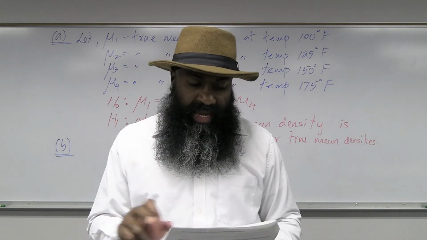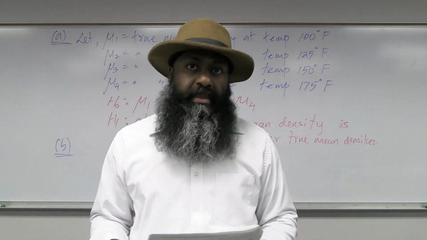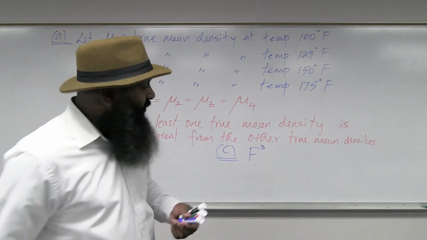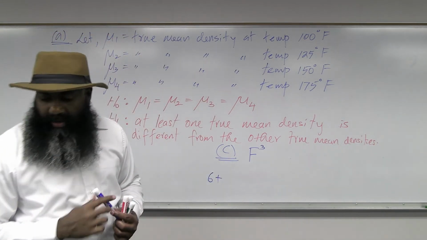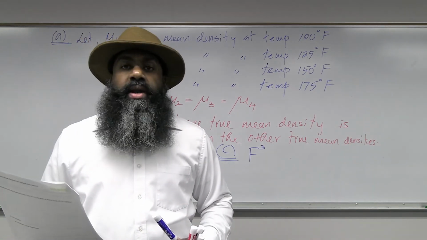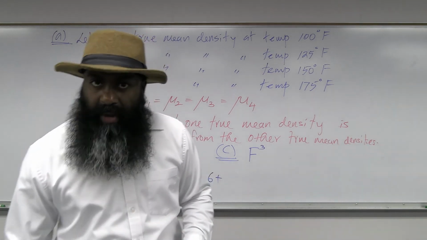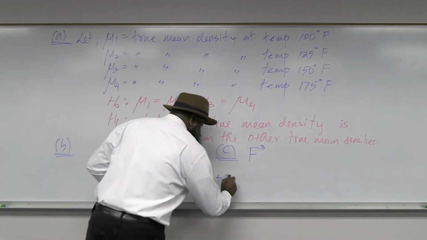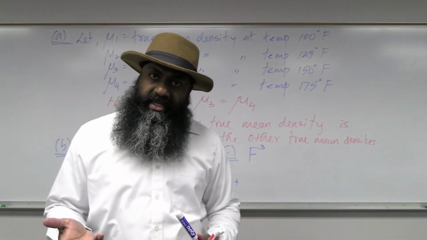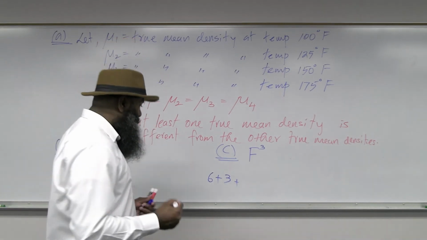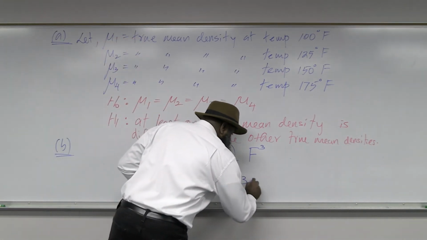So the first group has 7 data points. That means from the first group, I get 6 degrees of freedom. The second group has 4 data points. So from the second group, I get 3 degrees of freedom. The third group also has 4 data points. Therefore, from the third group also, I get 3 degrees of freedom.